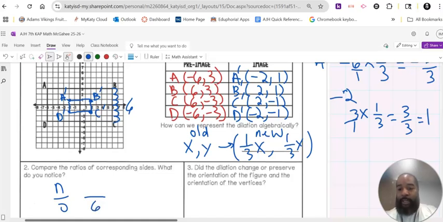And then on my longer side is 1, 2, 3, 4, 5, 6, 7, 8, 9, 10, 11, 12. Okay, so I have 12 here.